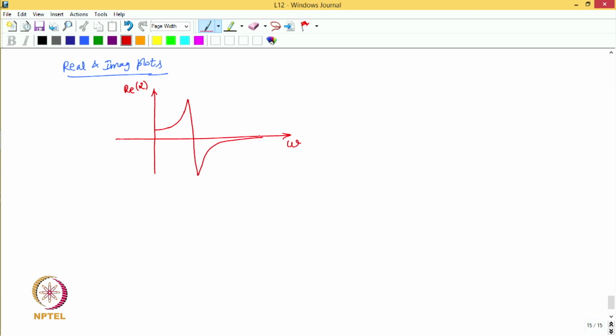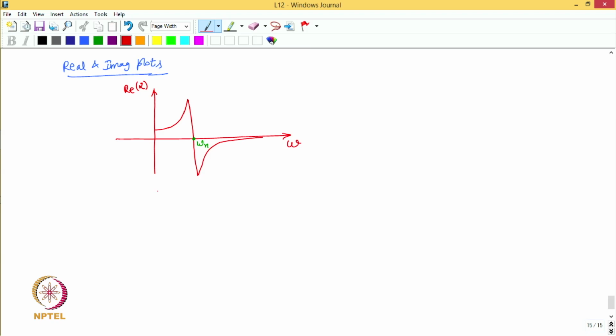The real part intersects the frequency axis at omega equal to omega n, so the real part becomes 0 at omega equal to omega n.